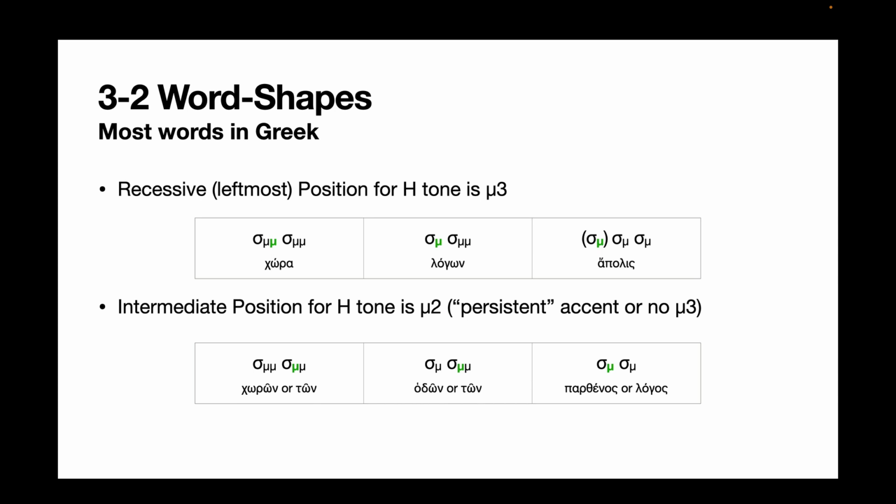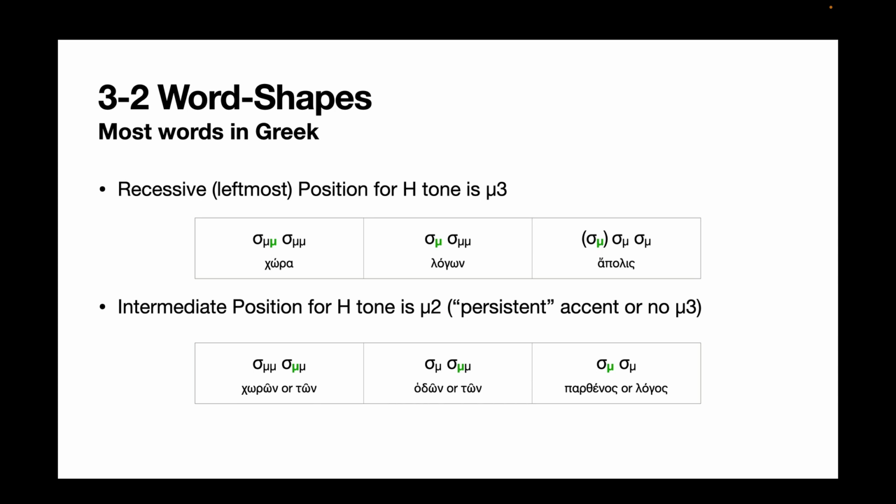Meanwhile, there's an intermediate position that high tone can also go on, and that is 1 mora to the right, or mora 2. This is what happens when a word has persistent accent and doesn't allow itself to go further back than the syllable where mora 2 is, or where mora 3 just doesn't exist. Again, down below, I have shown you the mora 2.